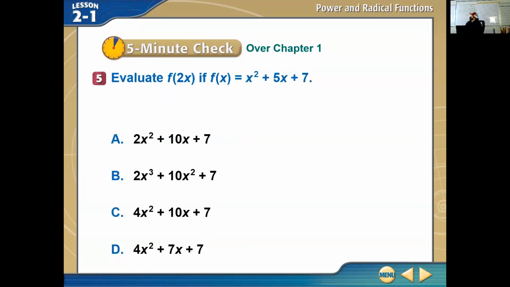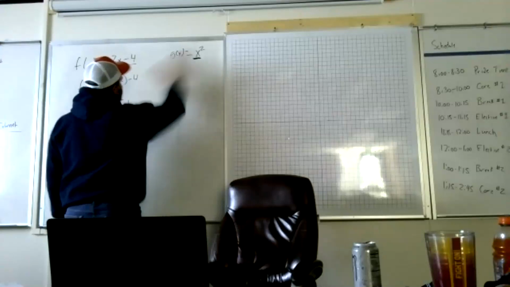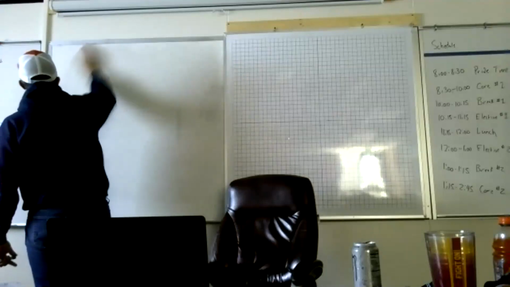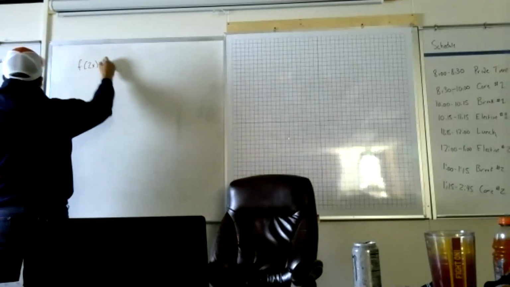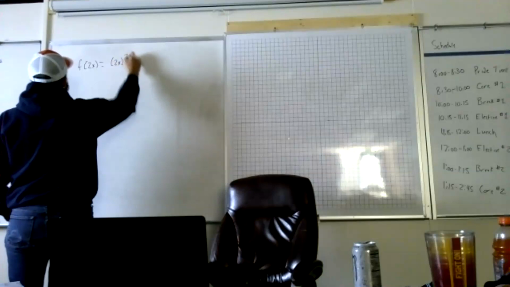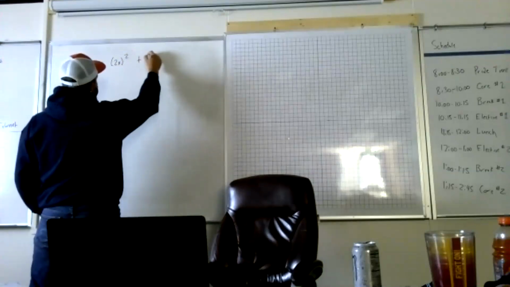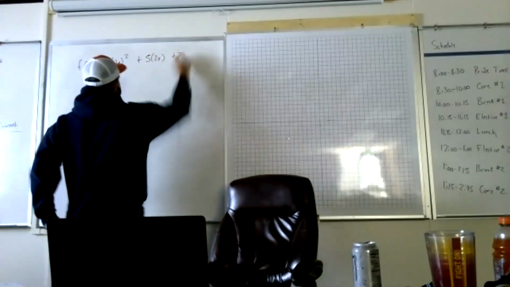And our last one, evaluate f of 2x if f of x is equal to x squared plus 5x plus 7. So function notation here. Remember, whatever is our independent variable, we have to plug it in for each occurrence of x to find our dependent variable. So f of 2x is equal to the quantity 2x squared, plus 5 times the quantity 2x, plus our constant of 7.